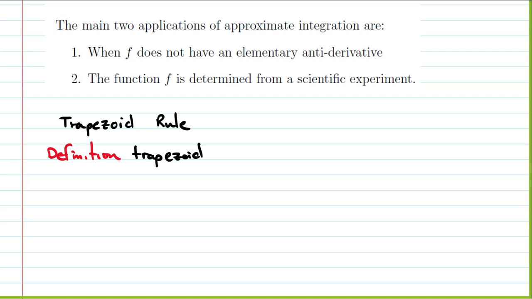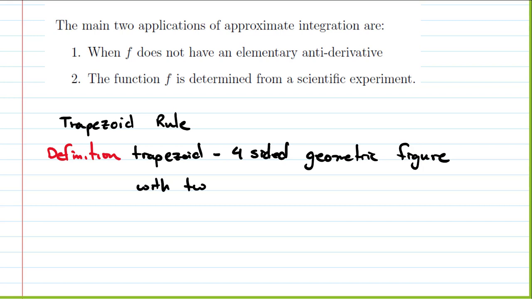Indeed. So the definition of a trapezoid is a four-sided geometric figure with exactly two parallel sides.